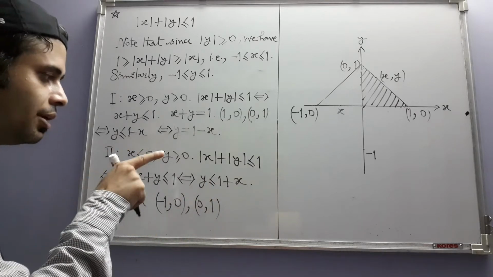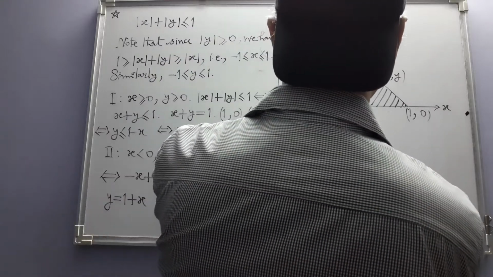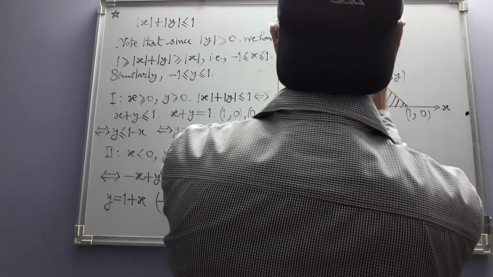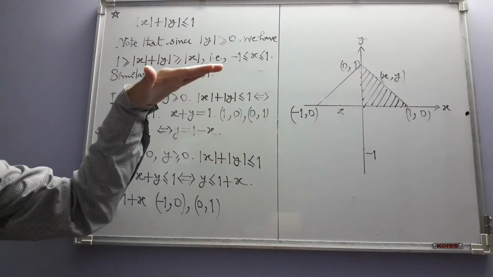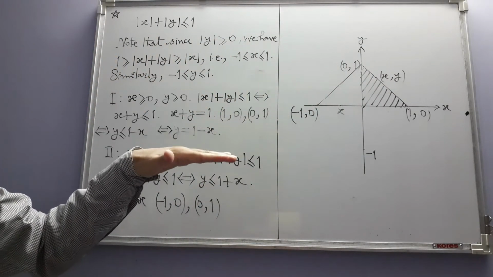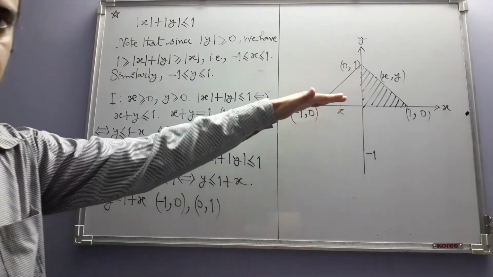But when y is equal to 1 plus x, then the corresponding point lies here on the line. Otherwise, y is smaller than 1 plus x. In that case, the corresponding point will lie below this line.